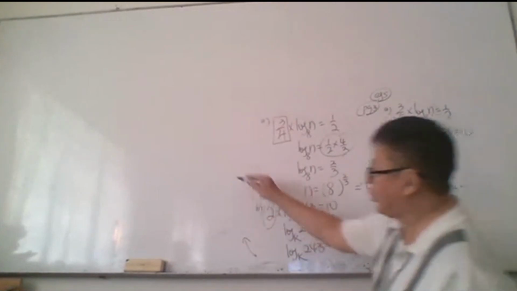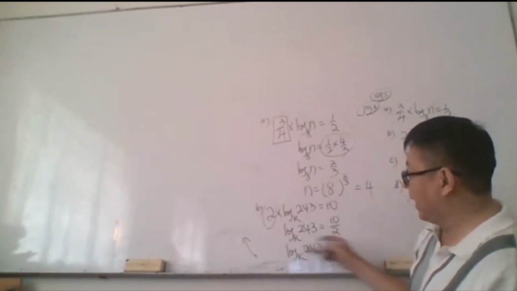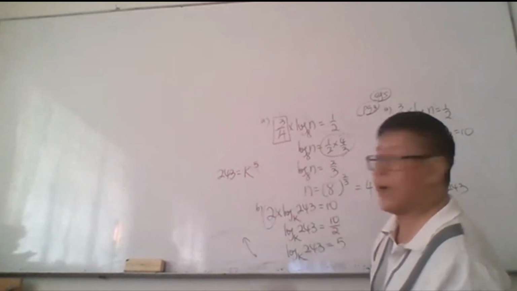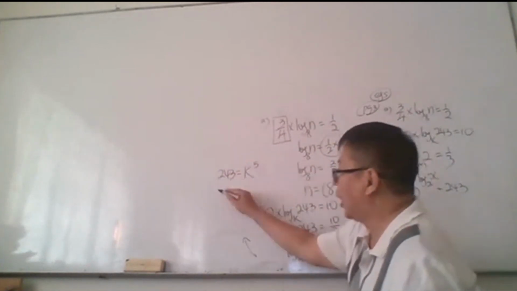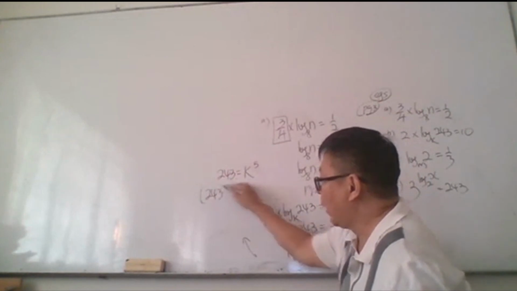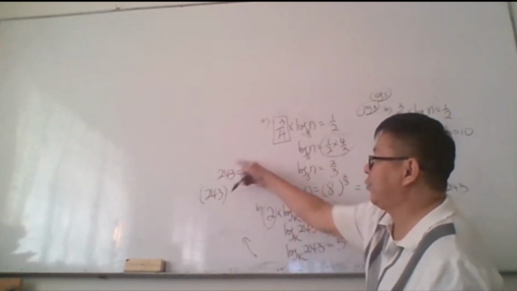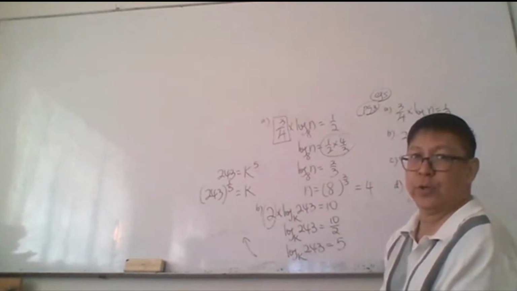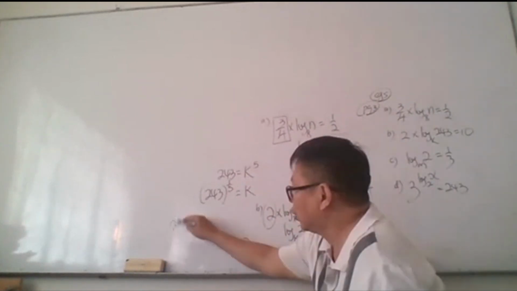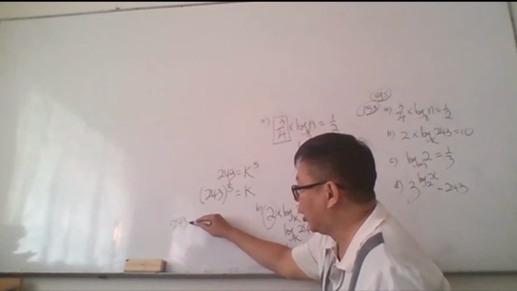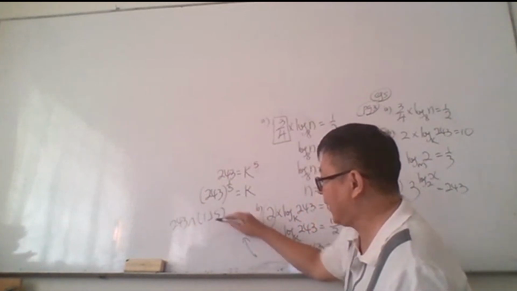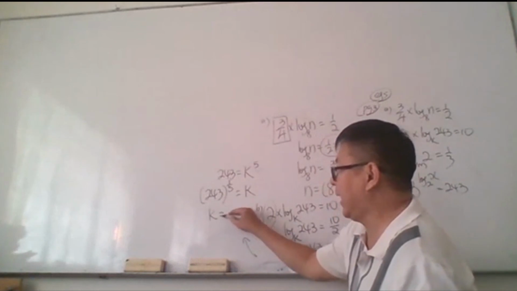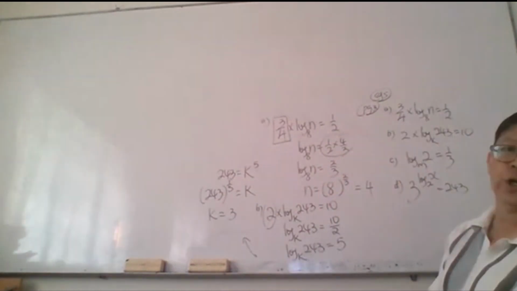Now I want to change my log to the other side: 243 will be k to the power of 5. When I shift the 5 to the other side, it becomes 1 over 5. You can just use the calculator: 243 power 1 over 5. I'm sure that you will get the value of k equal to 3.